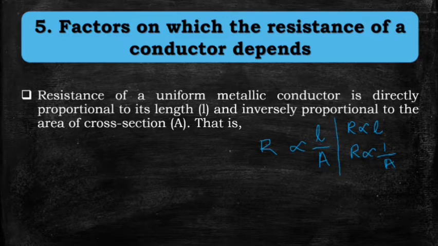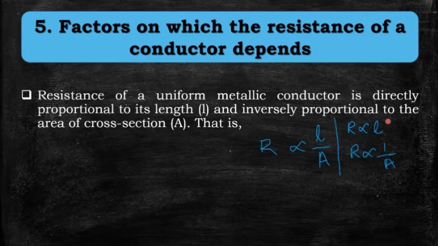When we combine both these equations, we can write it like this. What they are telling is, resistance is directly proportional to length, which means when we increase the length of the wire, the resistance increases.